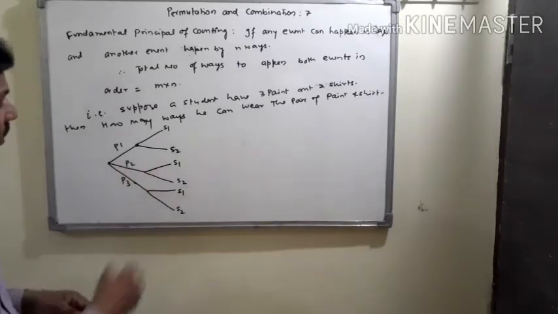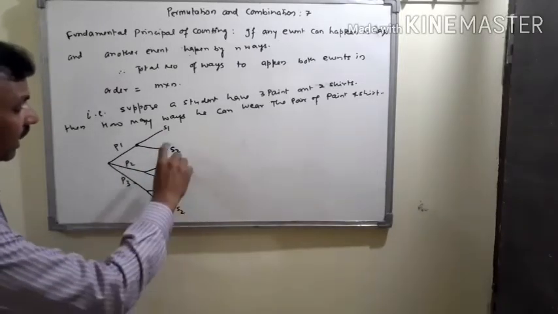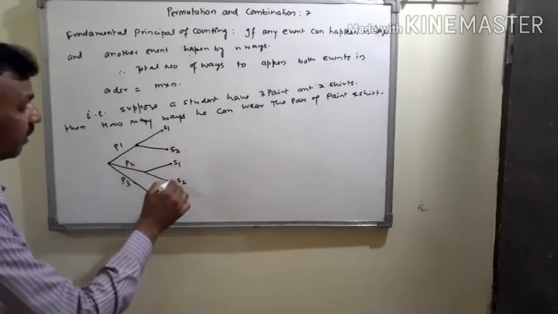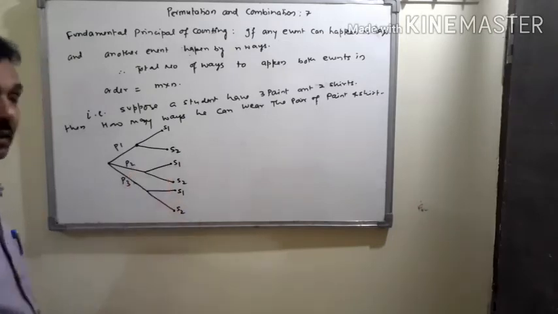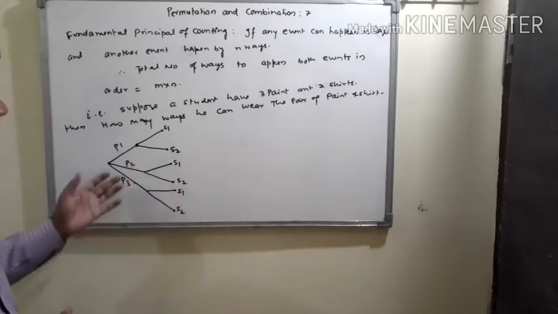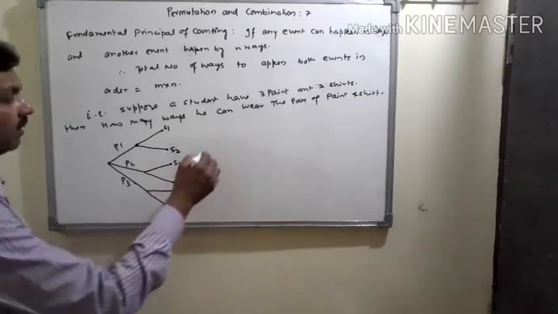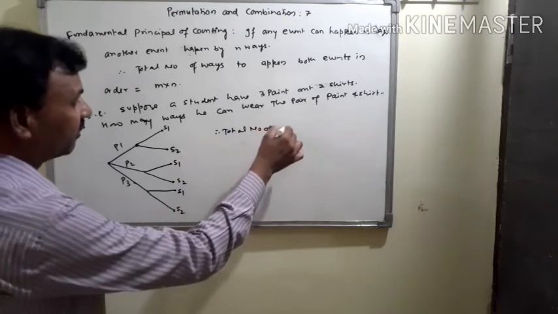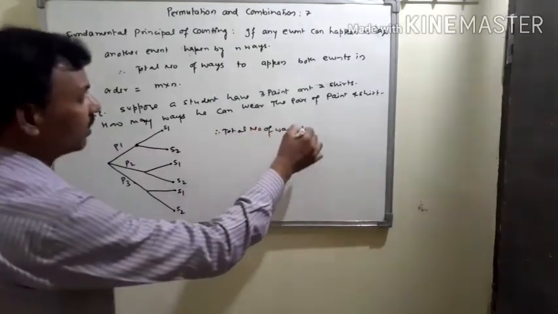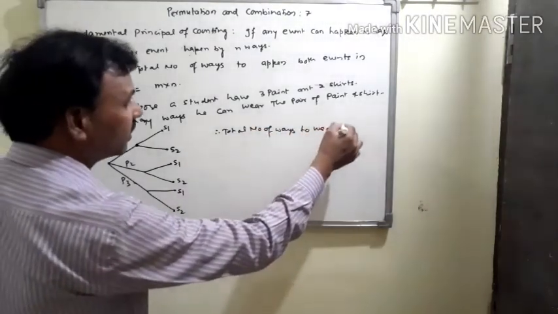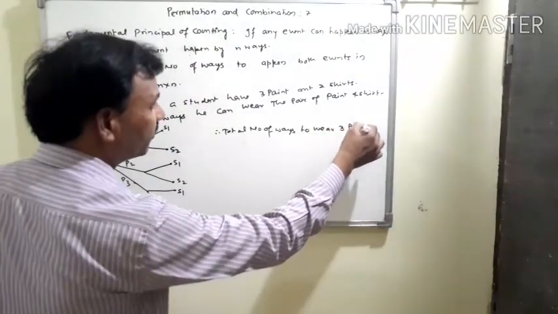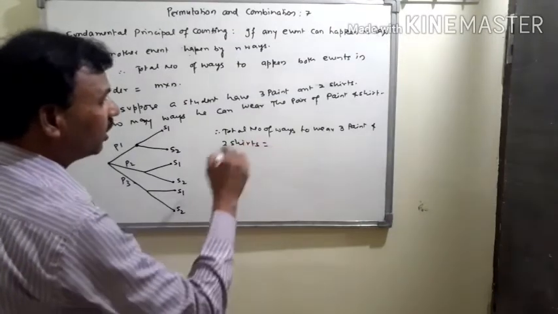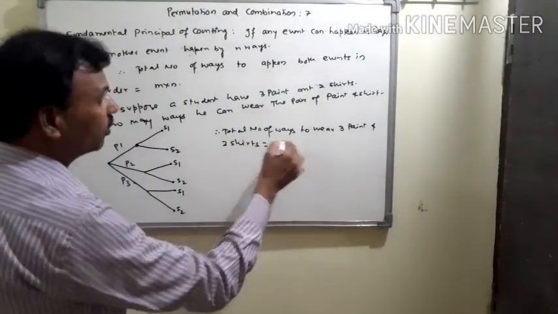That means there are 2 plus 2 plus 2, that means there are 6 ways to wear the pair of 3 pants and 2 shirts. Therefore, the total number of ways to wear 3 pants and 2 shirts is equal to 3 into 2.